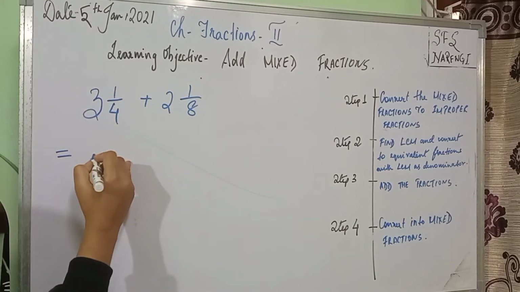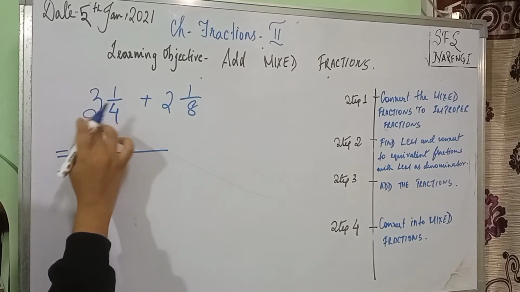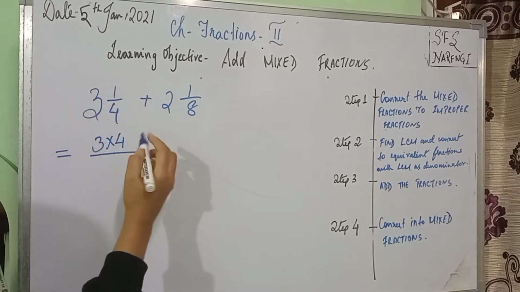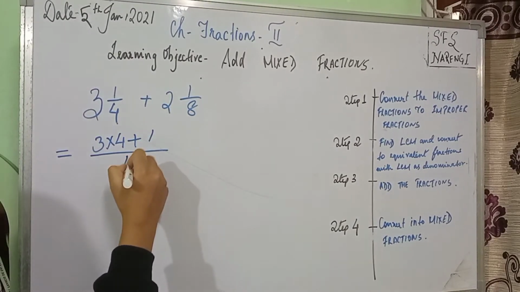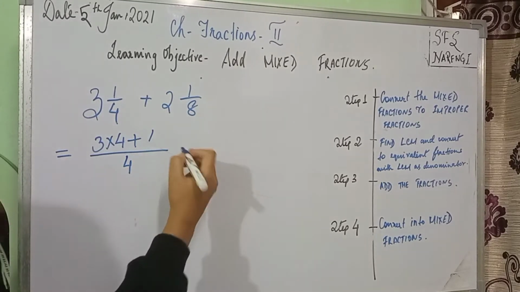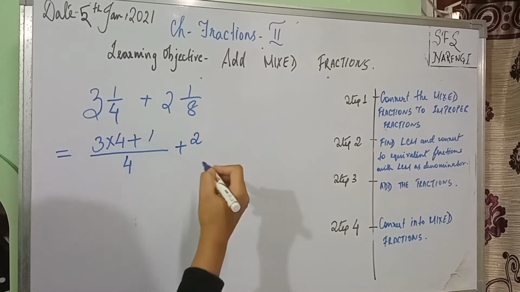In the first case, I have to take the whole number 3, multiply it with the denominator 4, add it to the numerator 1, and group them all together under the common denominator 4. Now, in the second case, I have 2 as my whole number.